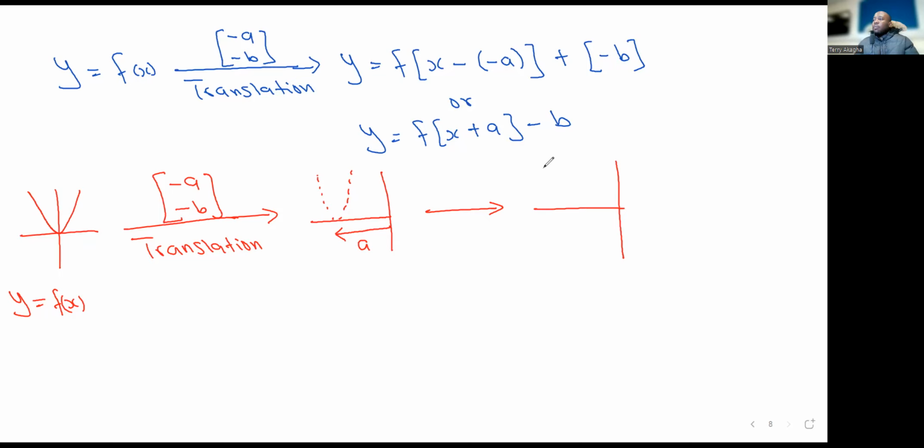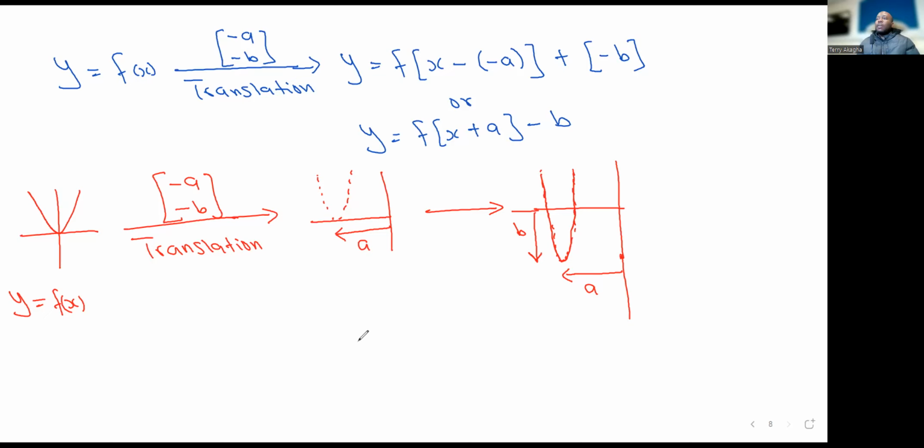It's come to the left, but it's also going to move down by B units. This is the final graph you'll be expecting. So it went to the left and also went down.